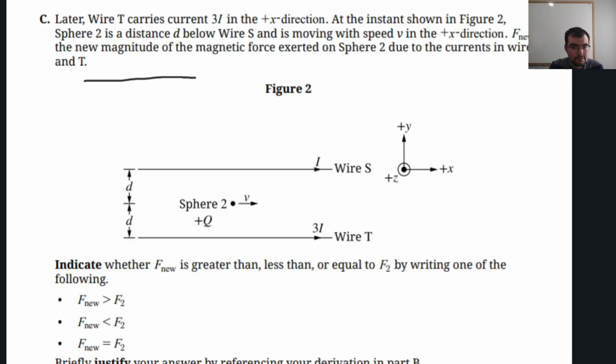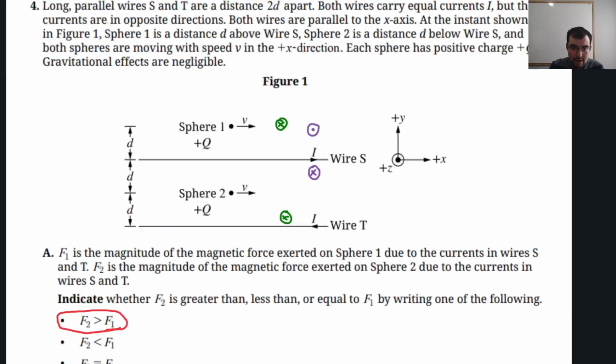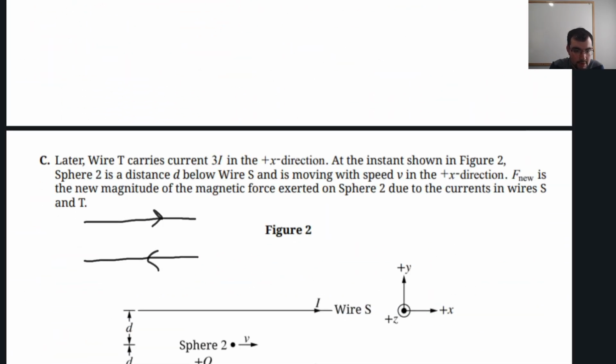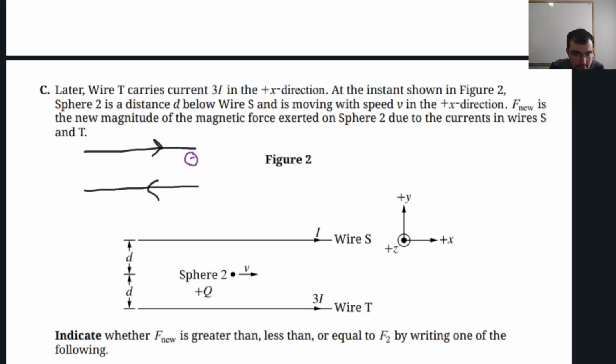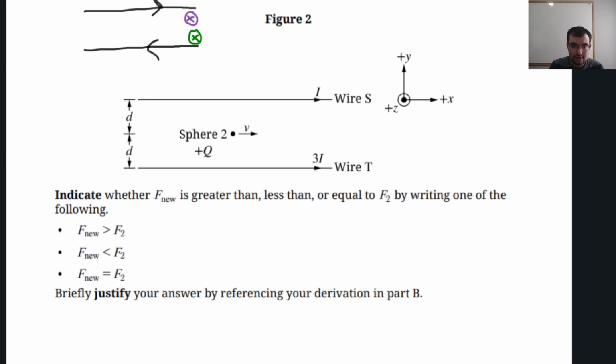So before we had this situation, so in the middle of the wires, we had an into the page field from, I'm going to keep my colors the same, purple. We had an into the page field from this wire and an into the page field from this wire. So we essentially had two X's added together.